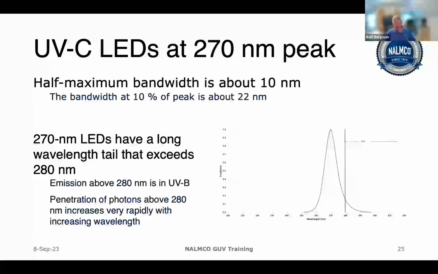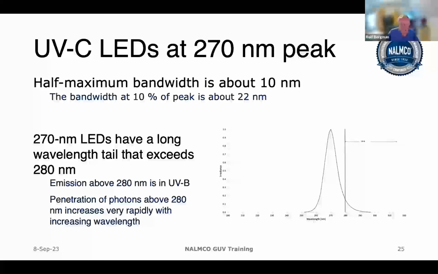And so above 280, you're in the UVB region, and the skin penetration of radiation is much deeper. The penetration grows very rapidly around 270, 280. That's why 280 is the breakoff between UVB and UVC. So even though there's not a whole lot of radiation above 280 in terms of effects on the body, it is very significant.